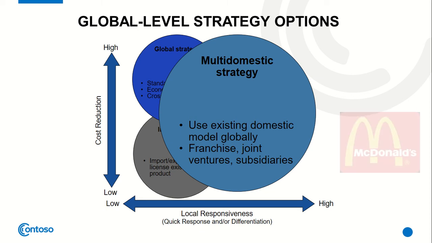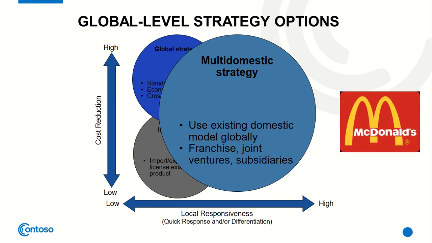So as discussed, McDonald's is the best example for this one. That's why local responsiveness is high, because they are offering products based on the country's culture. However, cost reduction is low because it is costly due to customization of products. So the more personalized the product you offer, the more you will incur in the cost of production, because it is not standard.